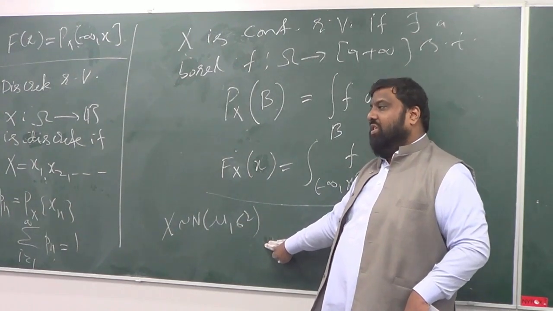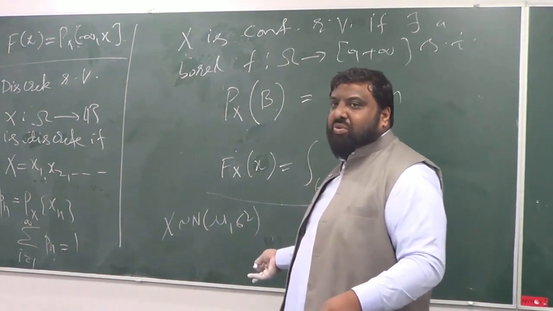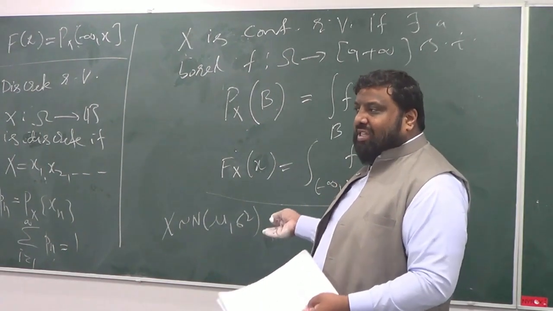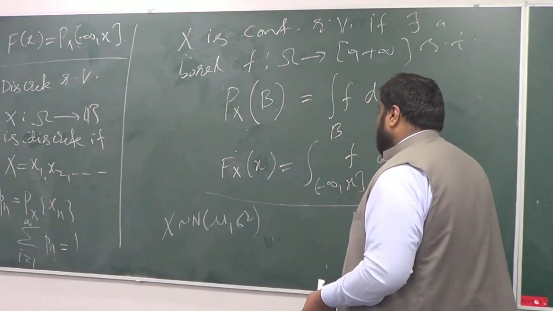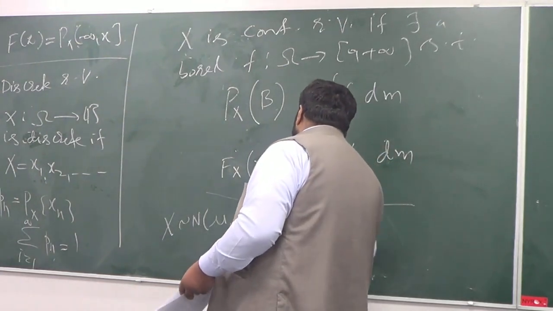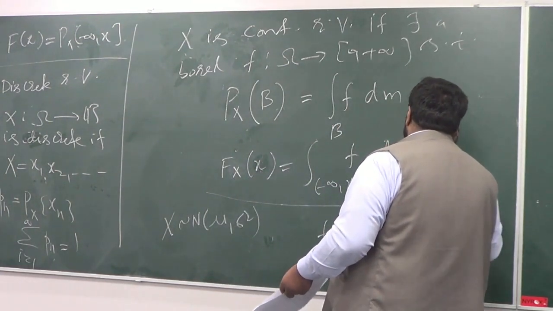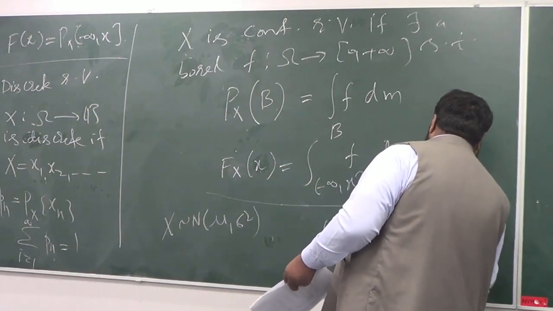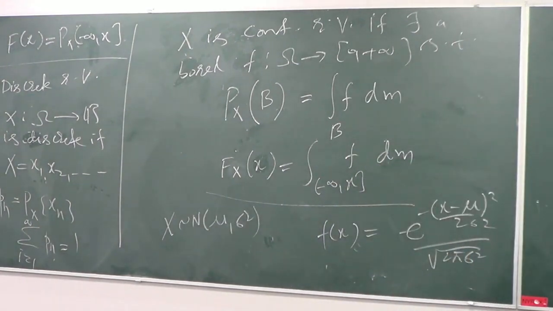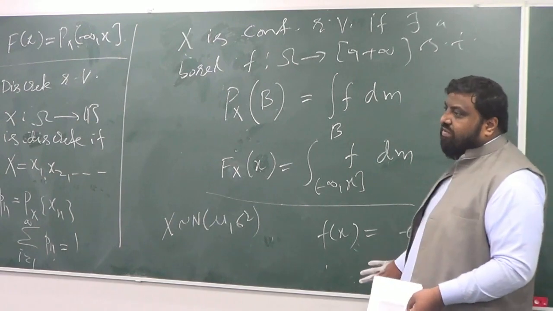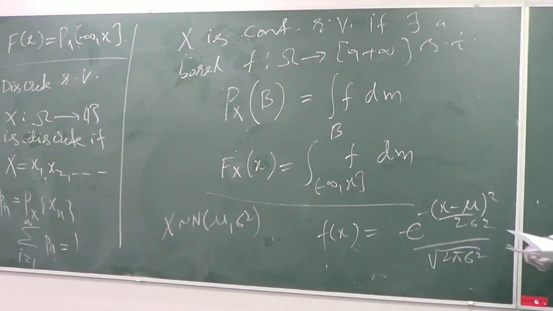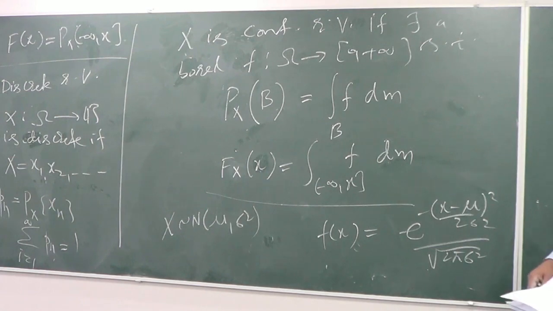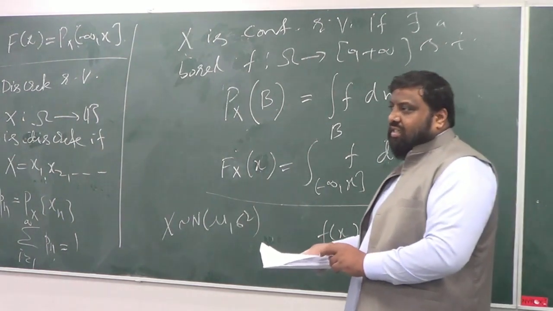What would be that function through which I can compute the chances of a normally distributed random variable being in some interval? f of x equals e to the minus (x minus mu) squared over 2 sigma squared, over the square root of 2 pi sigma squared. Hence it is continuous. So normally distributed random variables are variables whose chances can be put into the form of a continuous, and hence a generalizable, function. Therefore, I can call a normally distributed random variable a continuous variable.